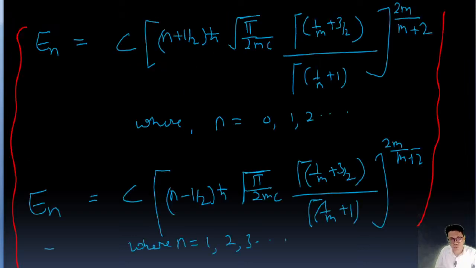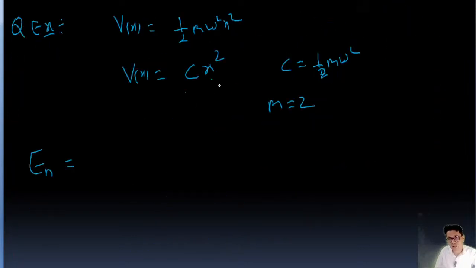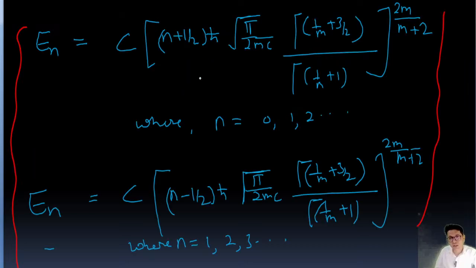En is going to be given by this trick, and here n starts with 0, 1, 2, because it's a harmonic oscillator.